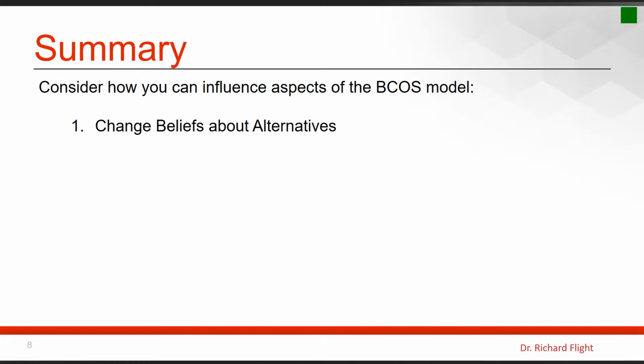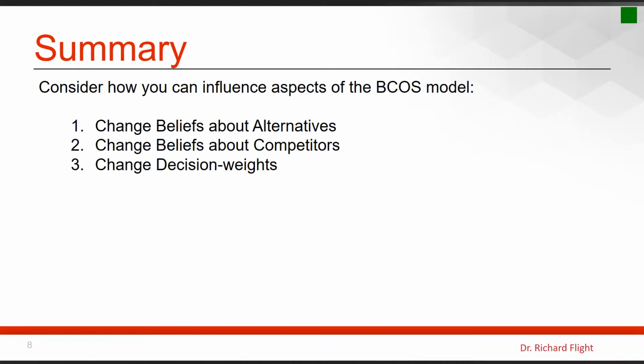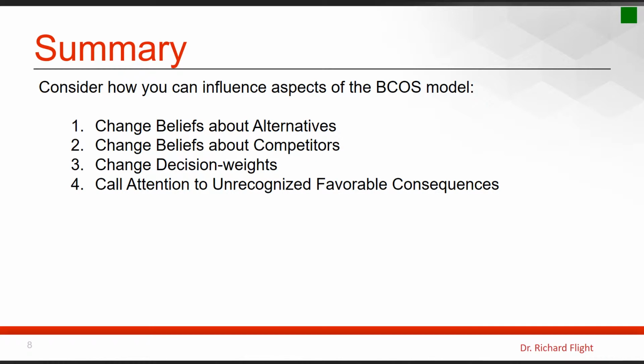We can change people's beliefs about alternatives and our competitors. We can help them change their decision criteria and decision weights to favor what we do well as opposed to what we do poorly. We can build awareness of features that the consumer or client doesn't really know about yet or doesn't recognize as something that we can do for them.